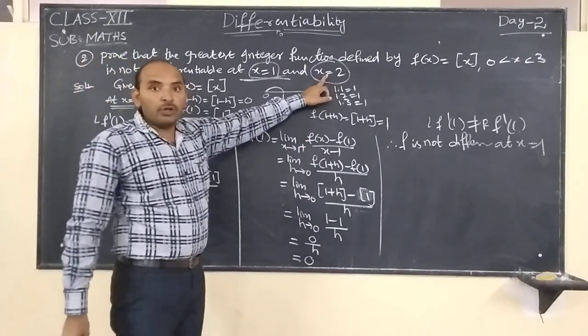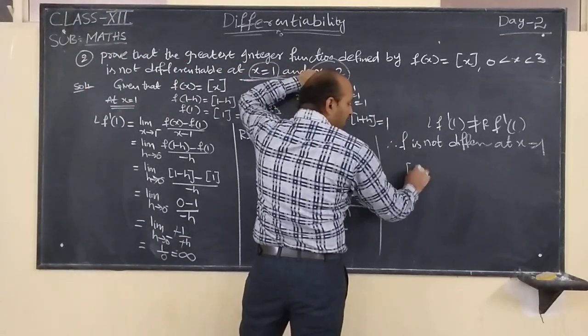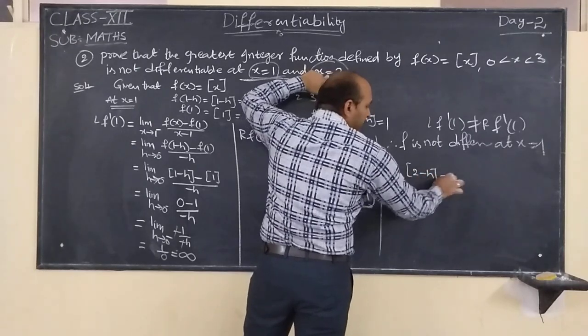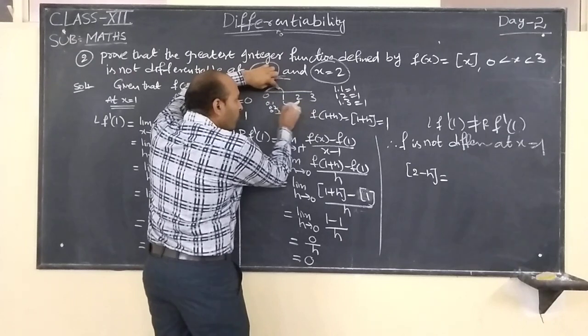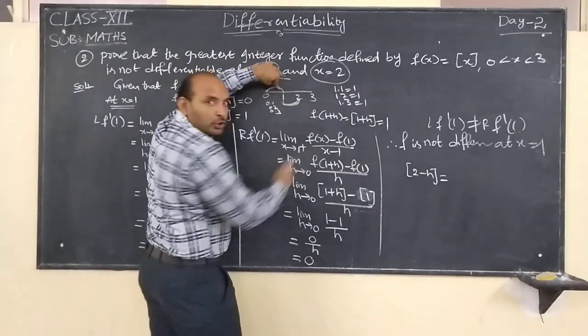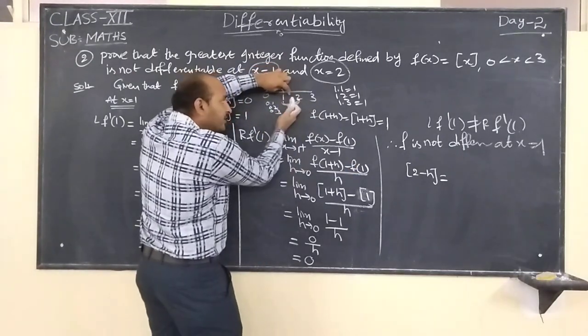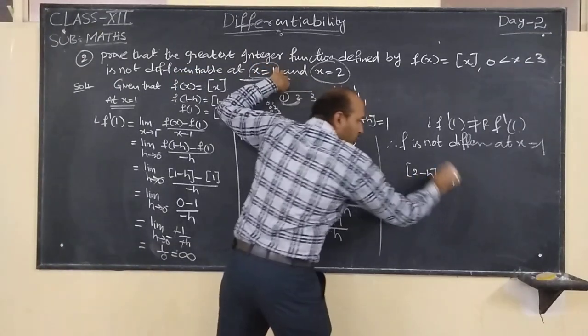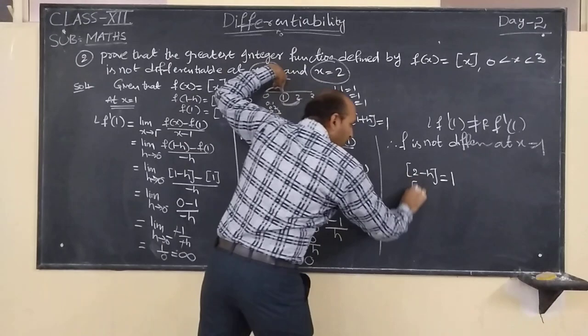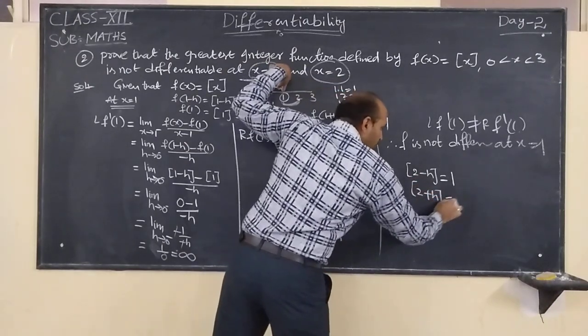So at x equal to 2, remember [2 − h] becomes, again, when x is equal to 2, on the left, in the particular interval 1 to 2, [2 − h] means the left side value of 2, that approaches 1. So [2 − h] value also 1. So [2 + h] value also 2.